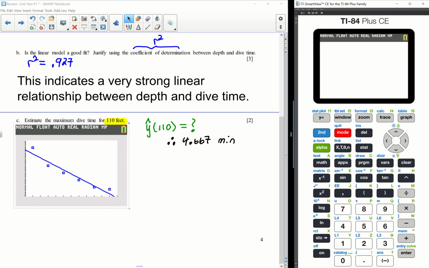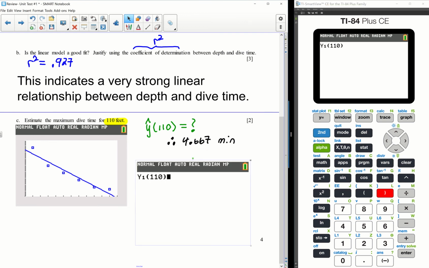So the other way to handle it, if you get that error message, would be to do alpha trace in the home screen, alpha trace y1, and then type in the number. The benefit of doing it this way is that you don't have to worry about the domain or the window.